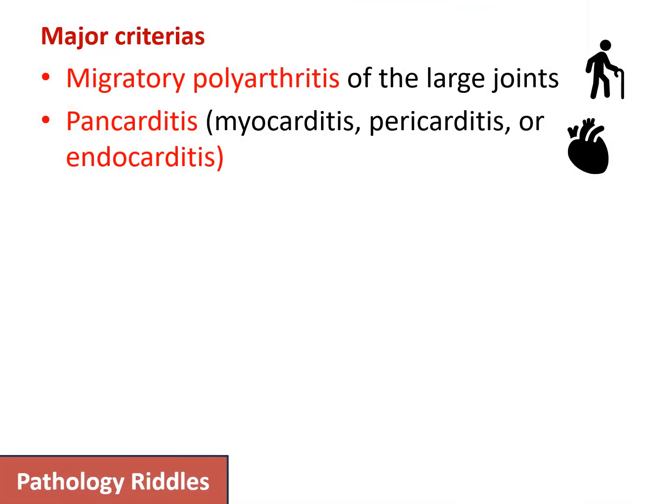The major criteria are migratory polyarthritis, that is basically joint pain of large joints, and it keeps involving different joints at different times. Then there is pancarditis, as already mentioned, the inflammation of all three layers, that is myocarditis, pericarditis and endocarditis.